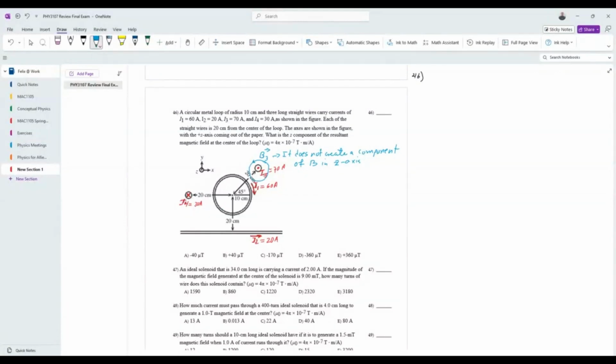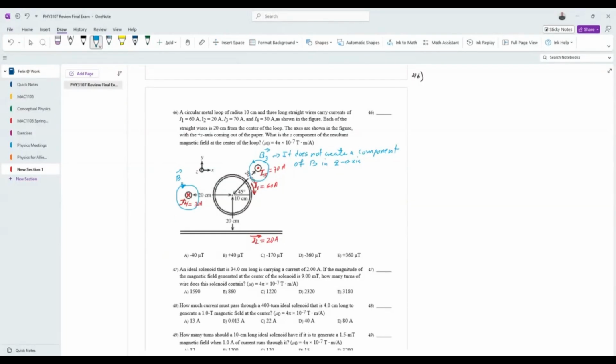Now, this over here is the same story. The magnetic field will be surrounding this wire, concentric to the wire, and in this case, the direction of this magnetic field will be clockwise.